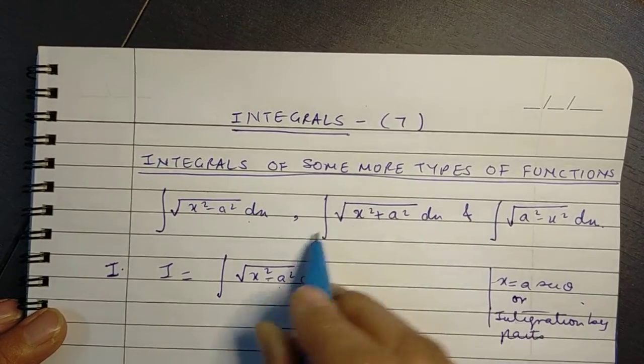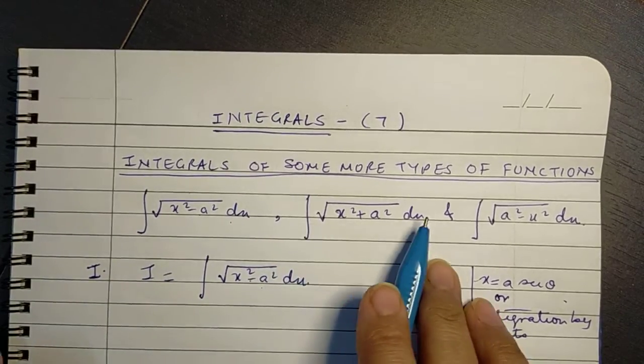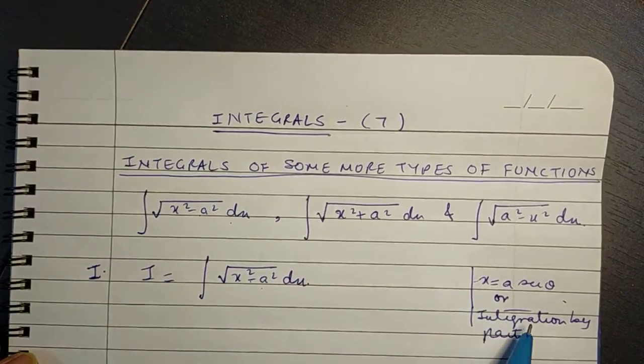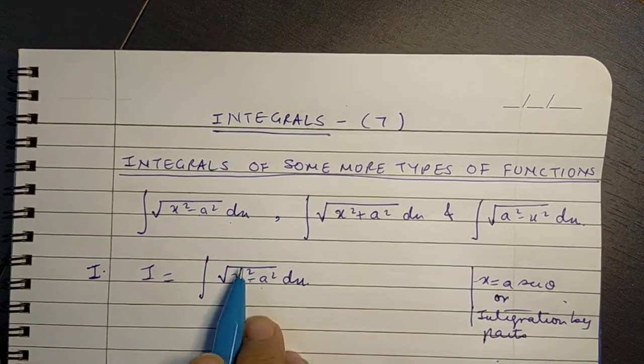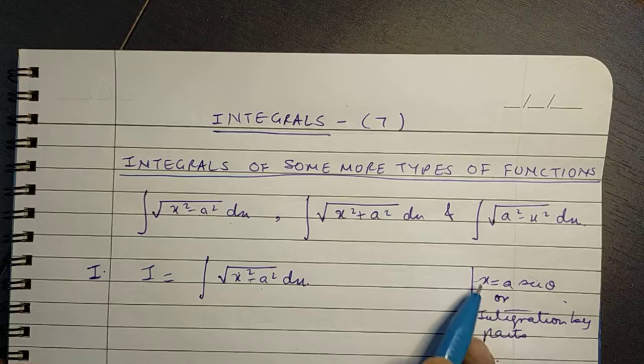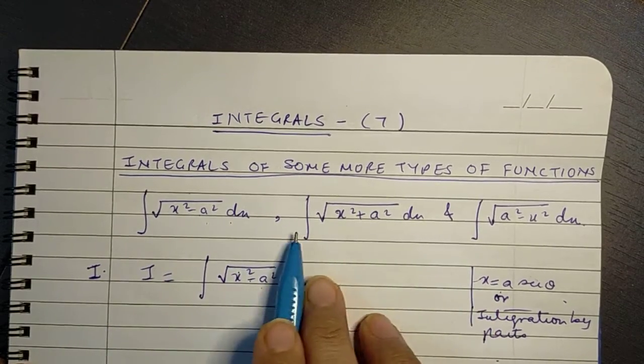In fact, each of these functions, the integral can be found out by either of these things, that either you use integration by parts or you use a substitution of this kind. Like in this case it will be x equal to a sec theta.